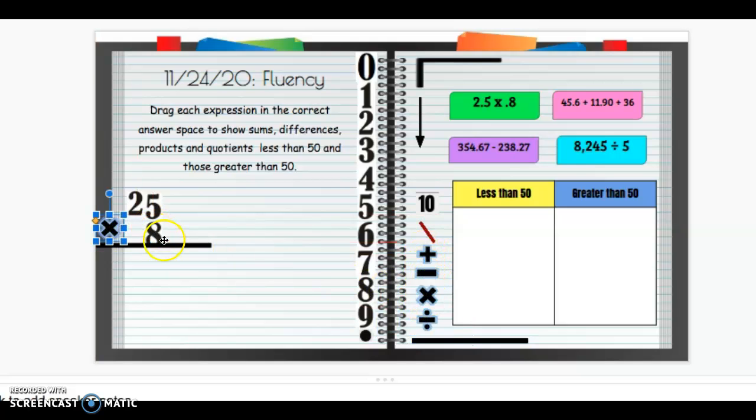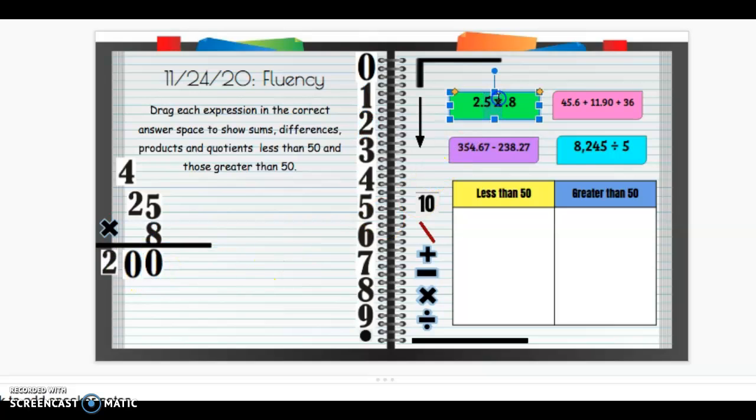Times. So now I multiply. 8 times 5 is 40. 0. 4. 8 times 2 is 16. 16 plus 4 is 20. And then I have to look and see, well, how many decimal points do I have?